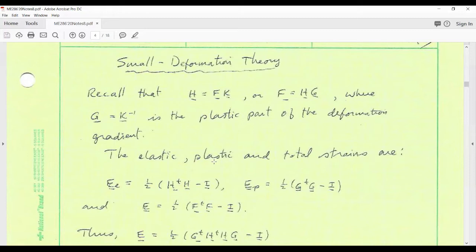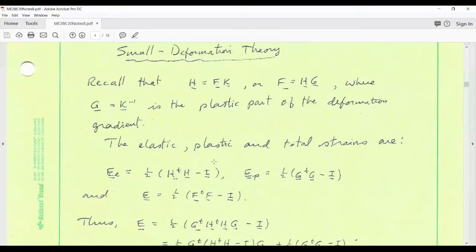Okay. So the rigid plastic theory was motivated by the idea that if you have a finite deformation, and therefore a finite strain in general, then because the elastic strain is small in a metal, most of the strain must be due to plasticity. And so it makes sense to idealize that problem by taking the elastic strain to be negligible, so that H is essentially a rotation, producing 0 strain.